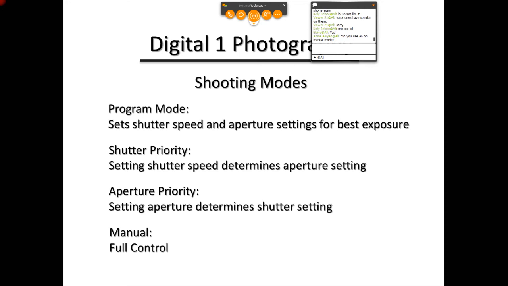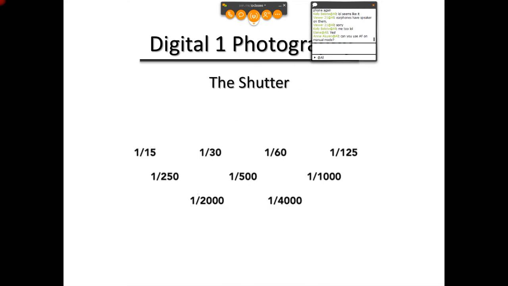Now, standard shutter speeds on a camera, and I'm going to go through some of this a little bit quicker here. I'm starting at 1/15th of a second, but if you notice, it goes 1/15th, 1/30th, 1/60th, 1/125th, and so forth. The steps between each of these is one full stop.